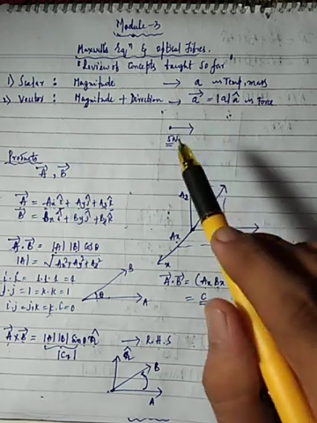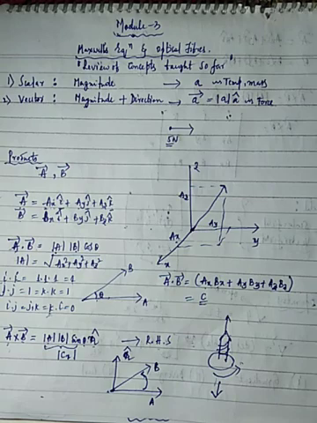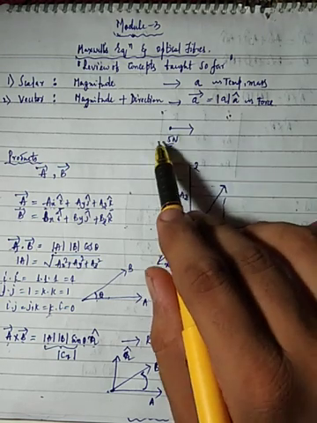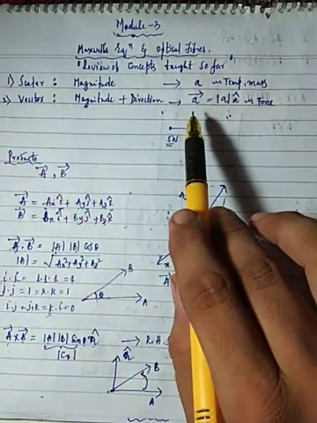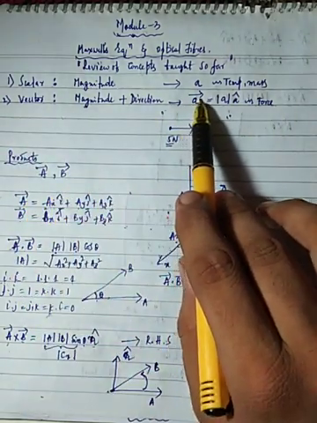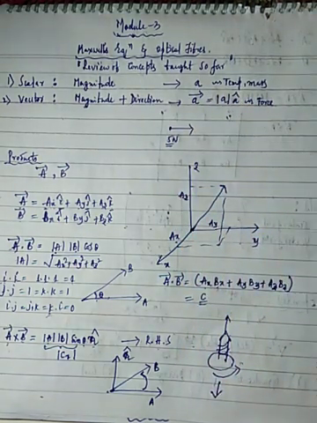Why? Because if you say that at this point there is a 5 Newton force, that is not enough. You have to say in which direction the force is being applied, whether it is in this direction, or that. So a vector is always represented by a bar overhead. This is the magnitude of it. This is the direction, the unit vector direction to it.